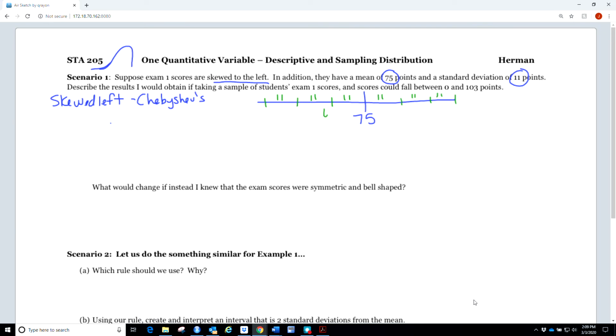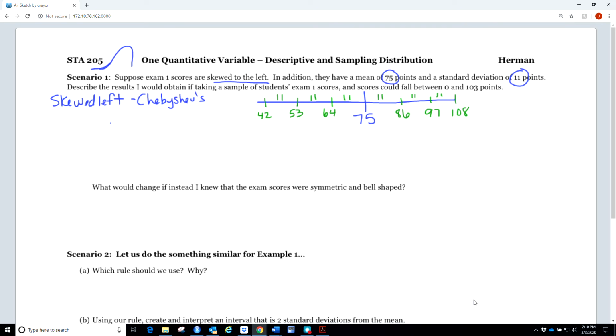So doing that math, here are the values that we should obtain, just subtracting 11 each time I go to the left, and adding 11 each time I go to the right.